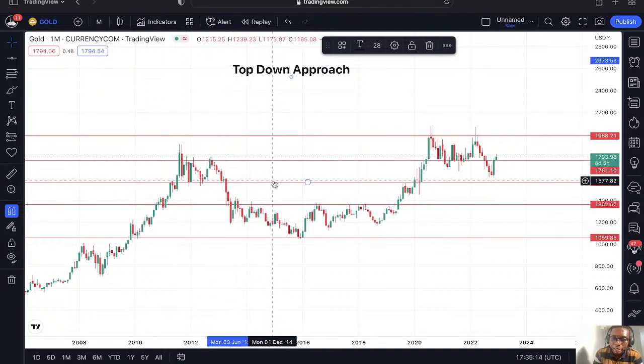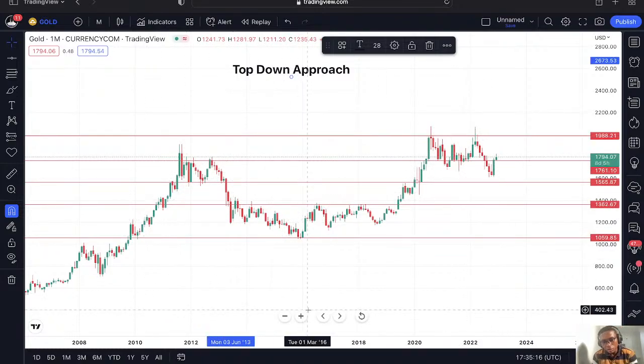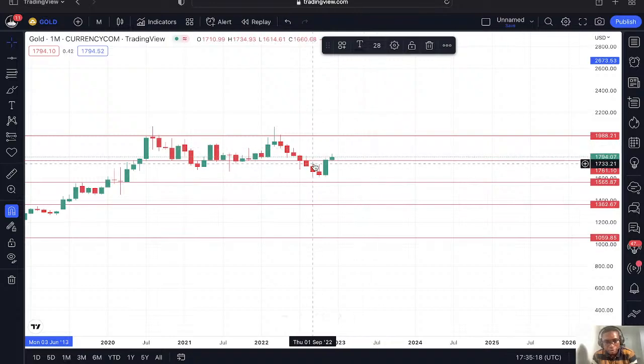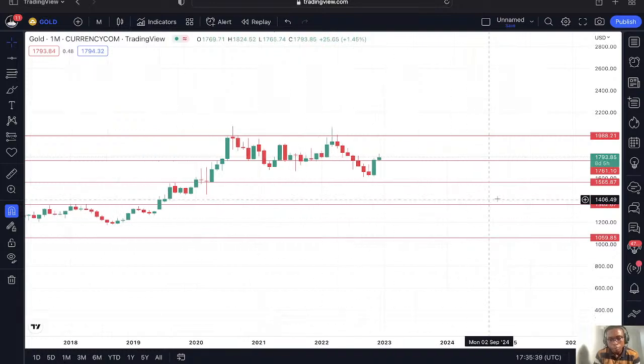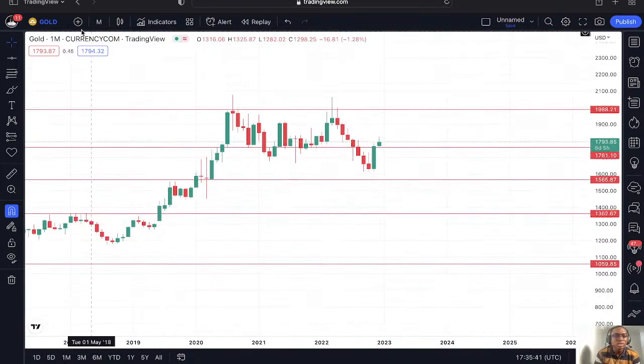So you can see here as well, if you look closely, we also have a breakout from here. Our price broke out and there was a retest. Okay, the retest, now price has broken into the resistance level. You can see price has broken into the resistance level.